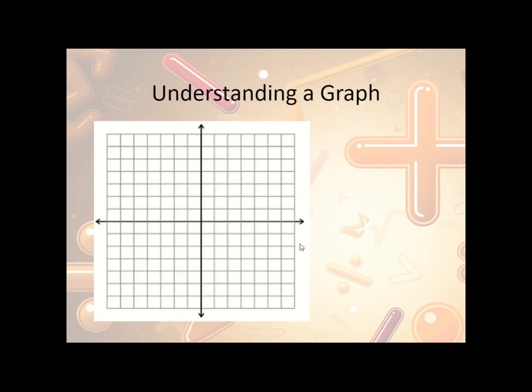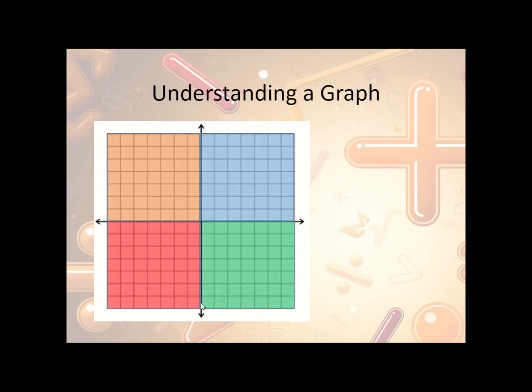Now, understanding the graph. If you notice, we have our x and y axes here, and it ends up forming these 4 boxes. Every time we rotate 90 degrees, we're going to move from one box to the next.